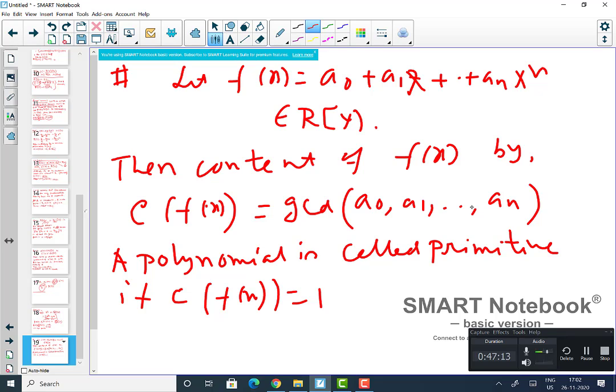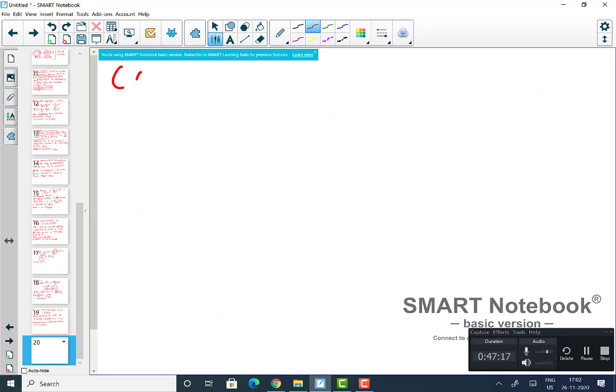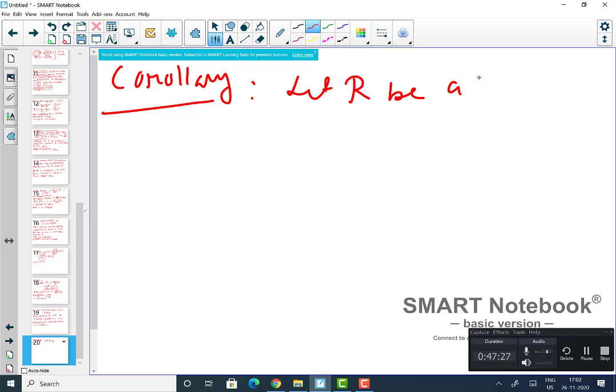Now the corollary to the above Gauss lemma is also very important. So corollary. What you can say immediately: let R be a UFD.